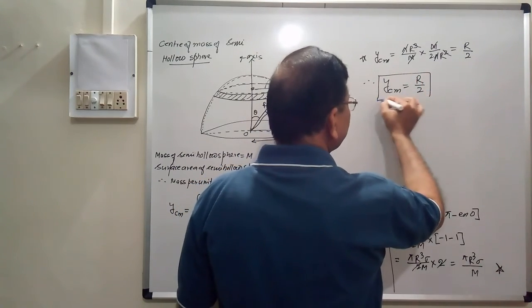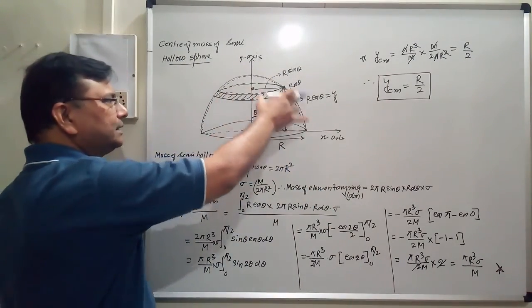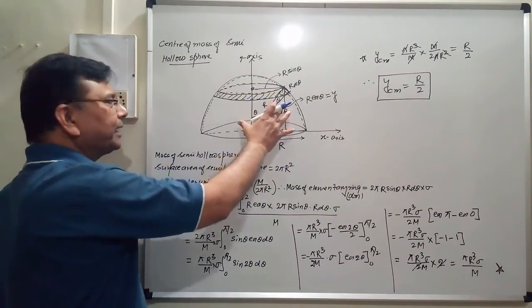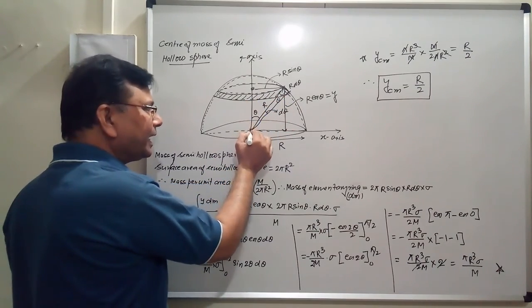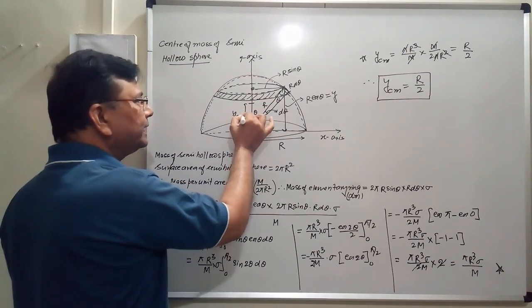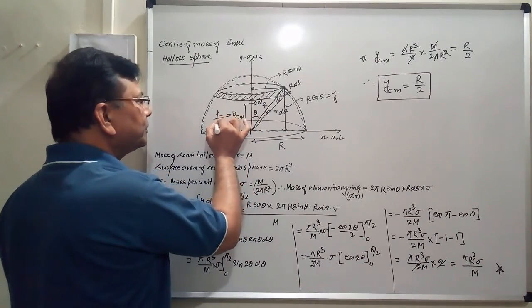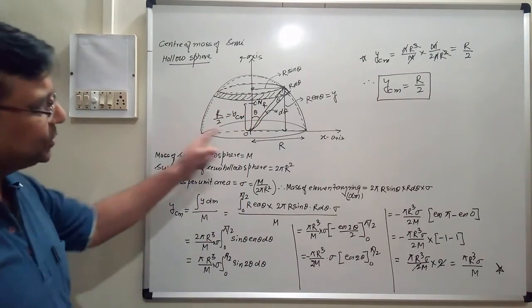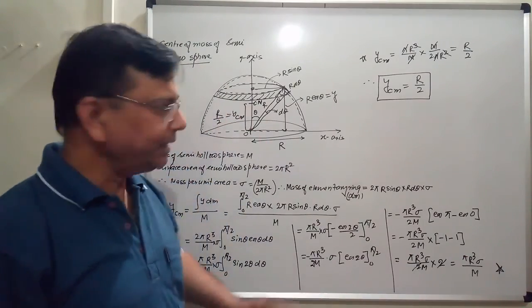It means the center of mass of this semi hollow sphere, the y coordinate of center of mass will be from here at a distance of r by 2. It is center of mass, right? And of course, the x coordinate of this center of mass will be 0, right?